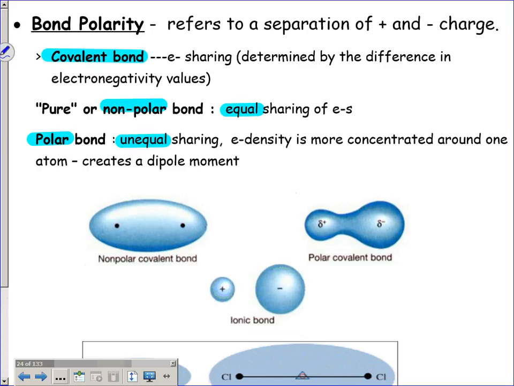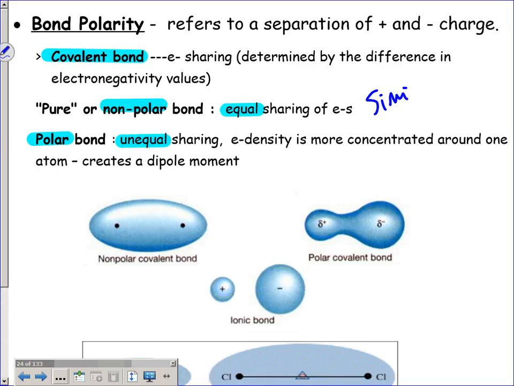Okay, thank you, Fluorine. If you have an equal sharing of electrons, what would force it to be an equal sharing? What property would allow a bond to share those electrons equally?